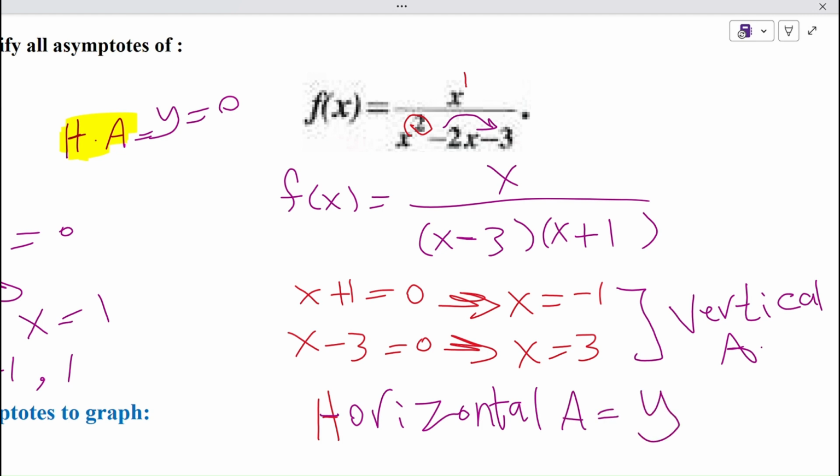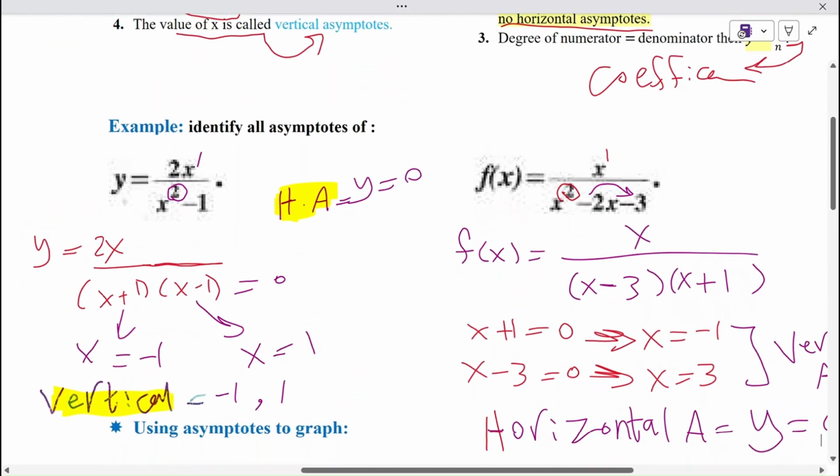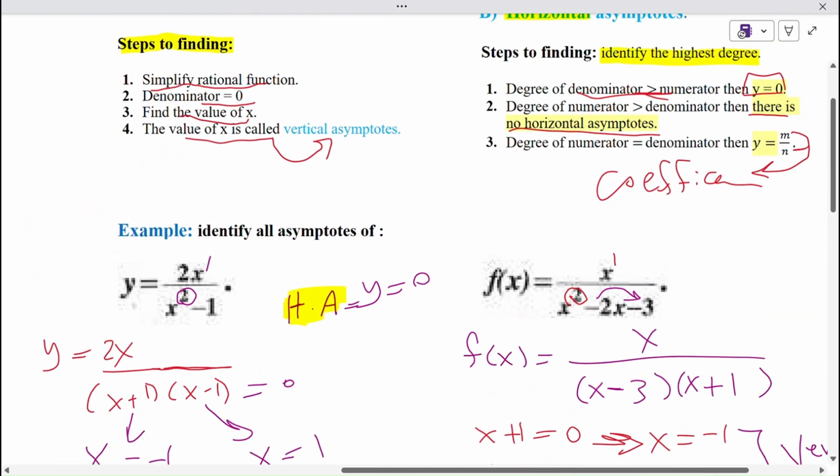Okay, this is all about asymptotes. You just have to know these steps, then you will know how you can solve these questions.